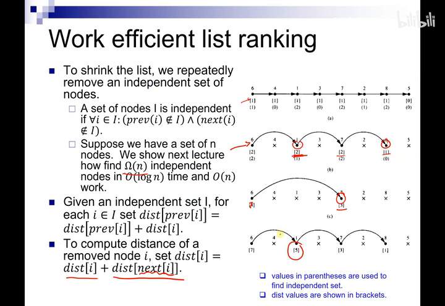And if you do this another step, if you put in all of these other nodes that we took out, then when you took them out, they had a distance of 1 to the next node. So for each of these nodes that we put back, we take this value 1 and add it to the distance of the next node.